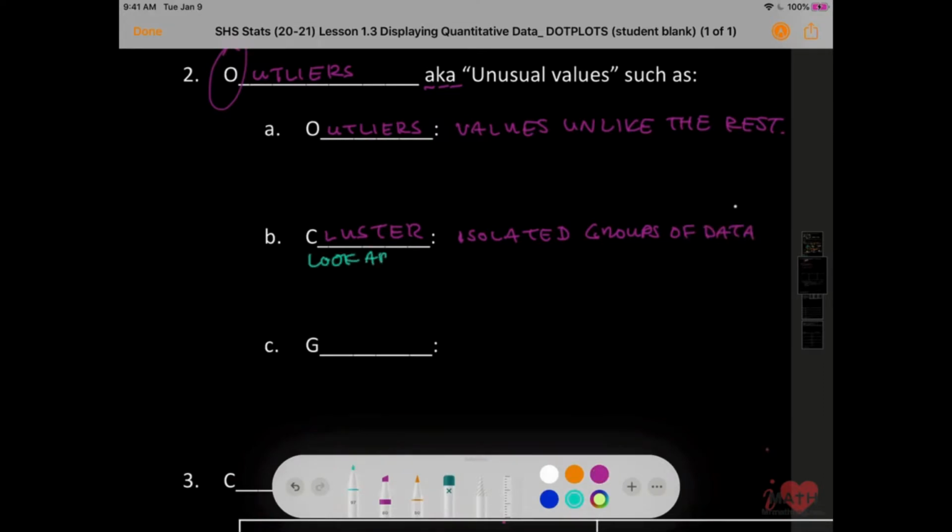Look above, like the bimodal, unimodal. And then anything else, you're going to look for some gaps. What are gaps? They are large spaces between values.